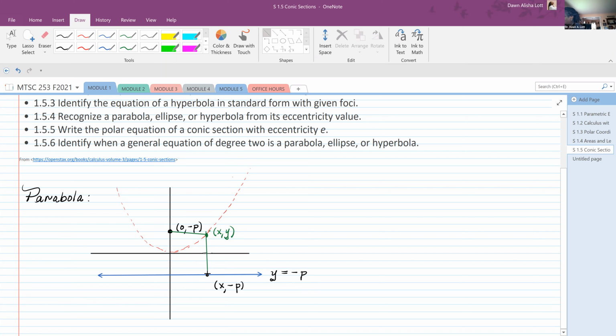Now my picture doesn't look quite accurate. It probably should be lower. That's better.